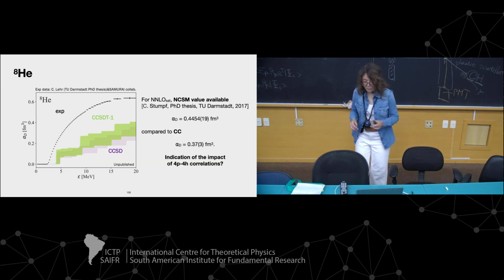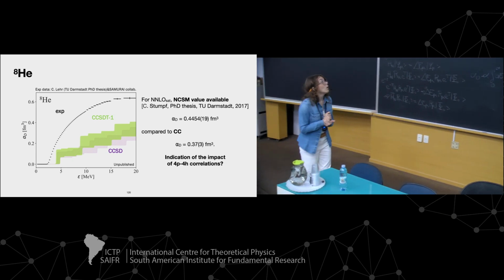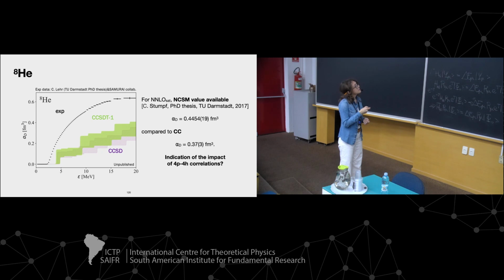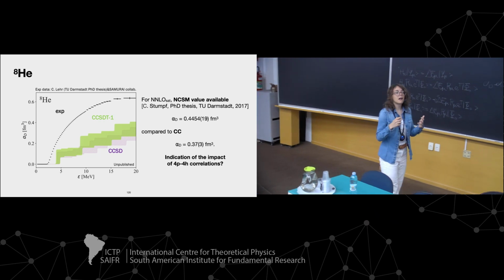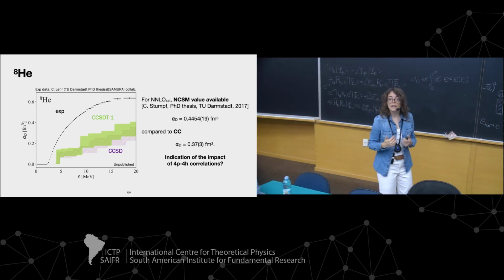I wanted to make a point here regarding the role of possible missing higher order correlations, because in the case of Illumate, we can compare our coupled cluster calculation with a no-core shell model value. As I told you yesterday, the no-core shell model is an exact theory because we can get up to A-particle A-hole excitations.